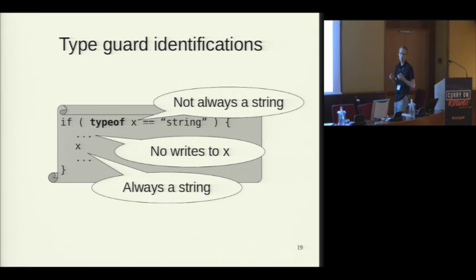And from that, we can extract the kinds of type guards that occur from the trace. So if we observe that x at this position is not always a string, but at a subsequent read of that variable, it is always a string, and well, no writes occur to x in between, then it is very reasonable to assume that some kind of test related to the last read of x, where the test was about the type of x, had occurred.